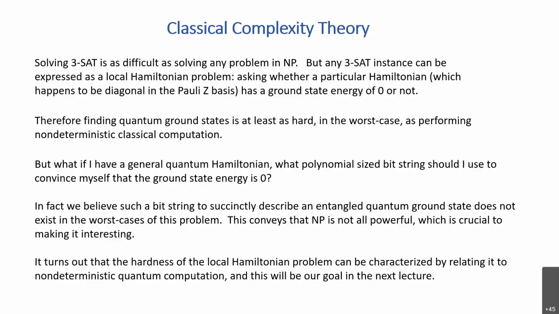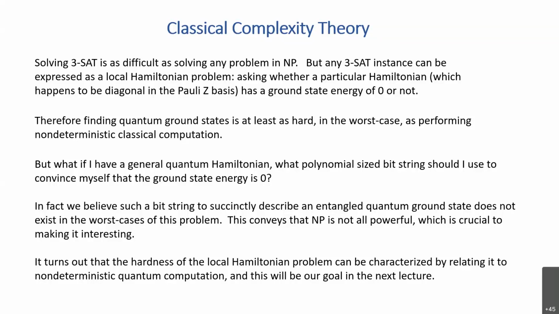And it's a reduction because the 3-SAT formula is satisfiable if and only if the Pauli Z Hamiltonian has ground state energy of 0. So that tells us that finding quantum ground states is already at least as hard in the worst case as performing non-deterministic classical computation.